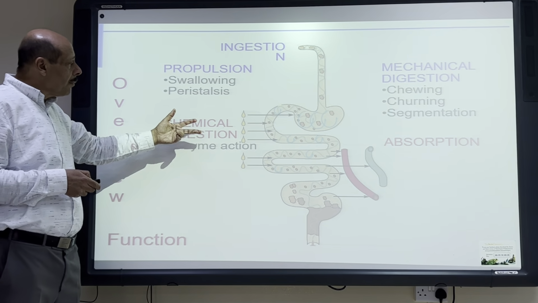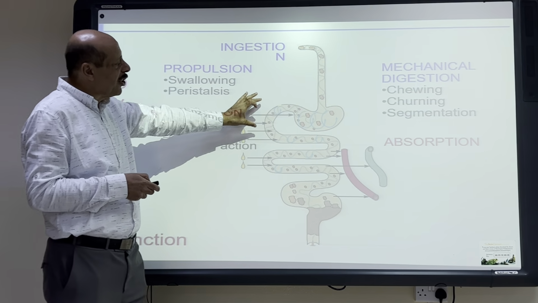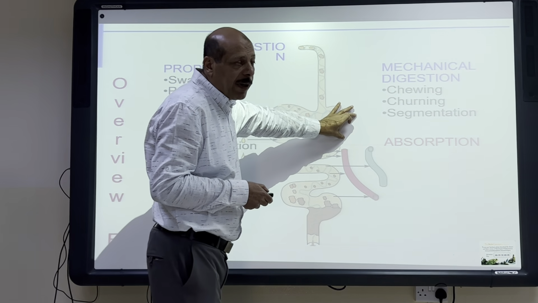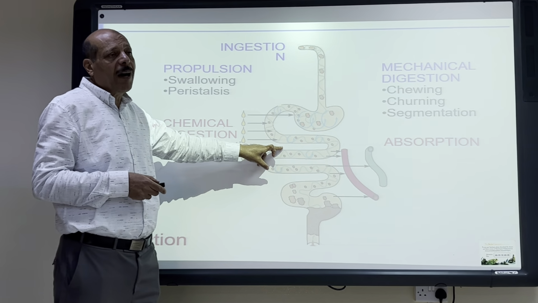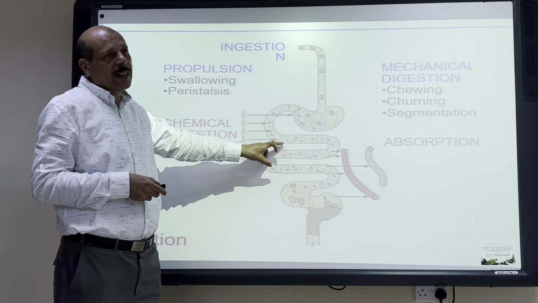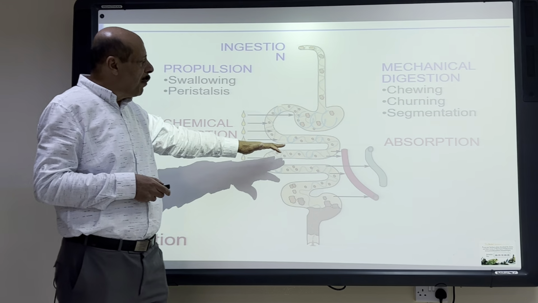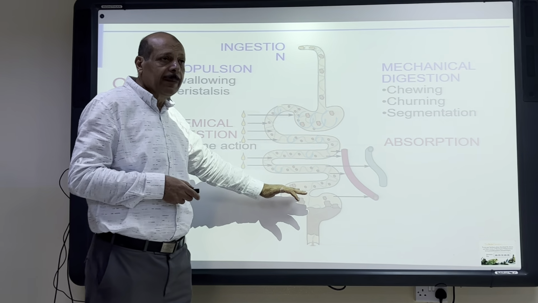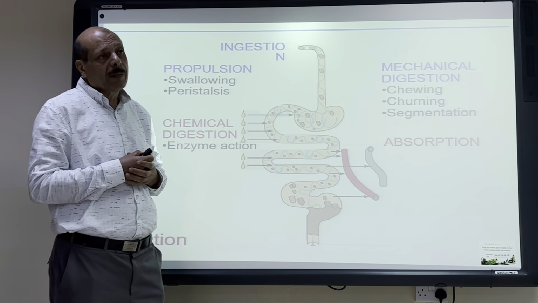Then there is chemical digestion, which happens in the stomach and in the first part of the small intestine, the duodenum. Mostly it is happening there. From the second part of the intestine to the end of the intestine, it is mostly for absorption.